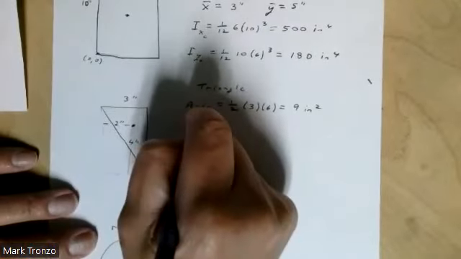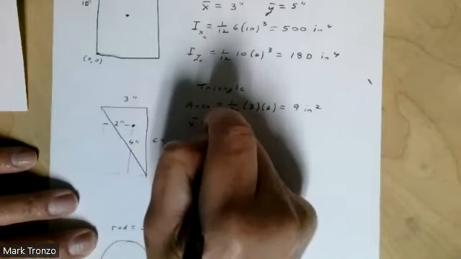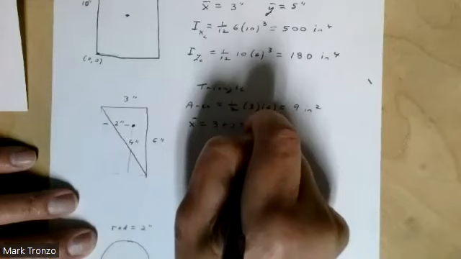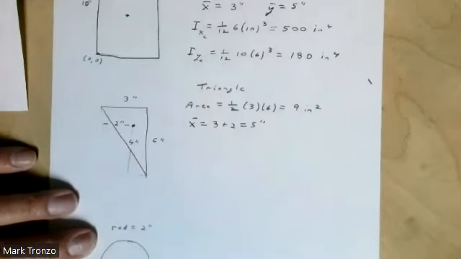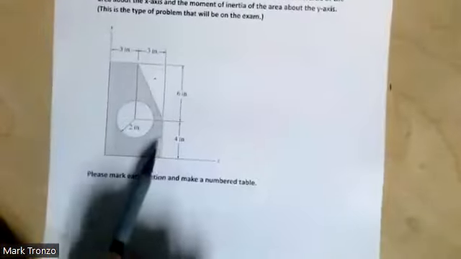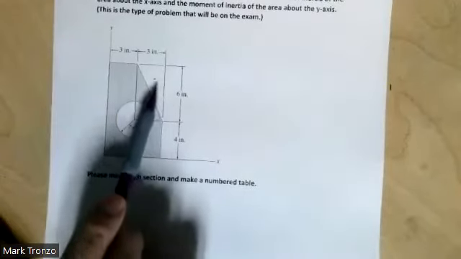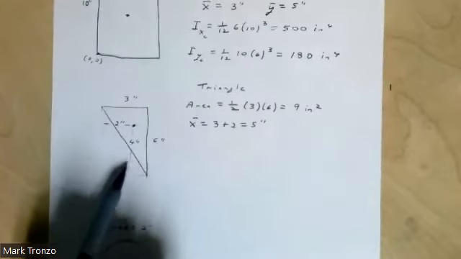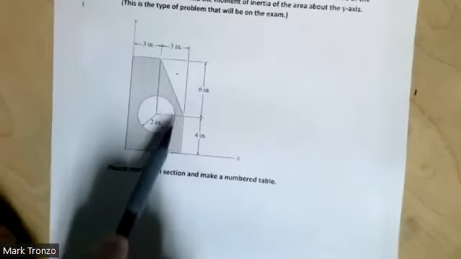So our X bar is going to be 3 plus 2, which is 5 inches. And then for the Y bar, notice again, we're 4 inches from this point, but then we're going to have to add another 4 to get to this point. So it's going to be 4 plus another 4.